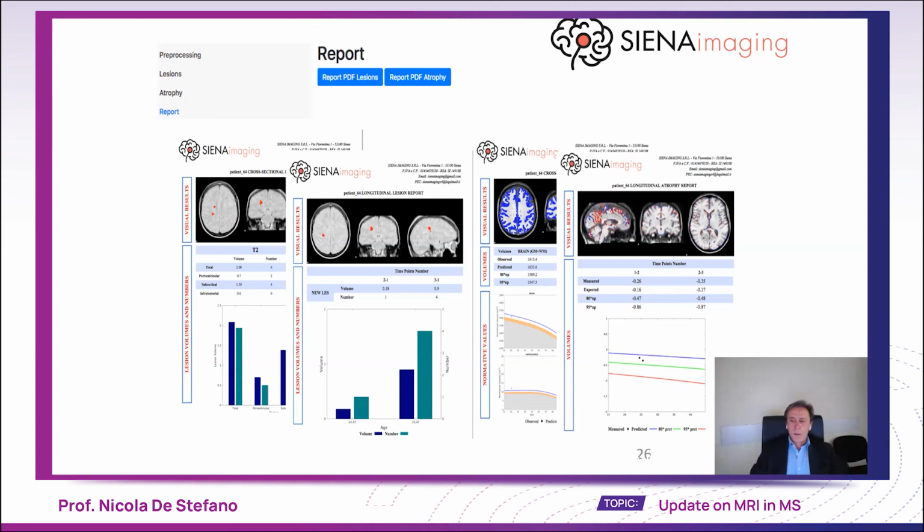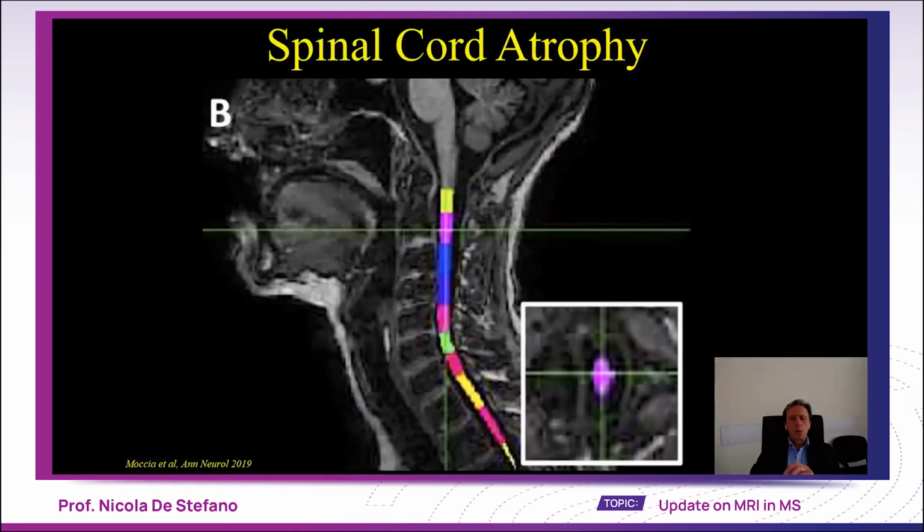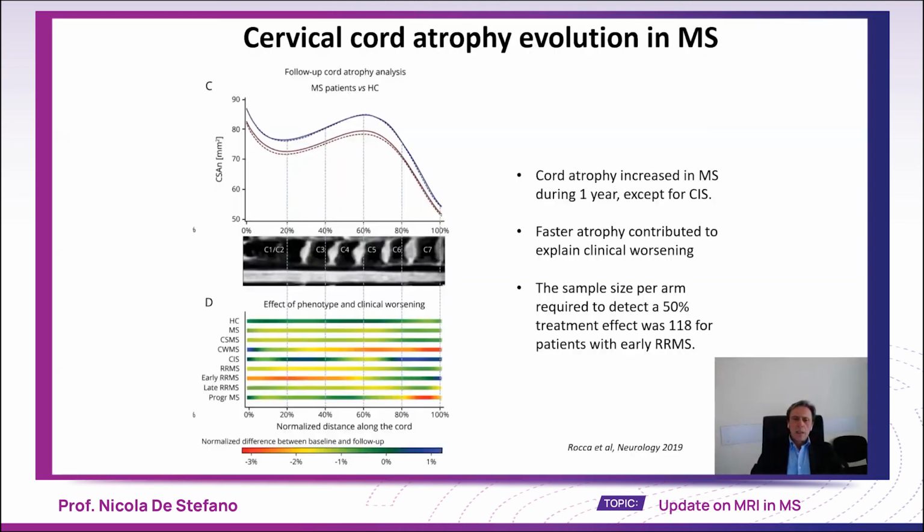In the last 2 or 3 minutes, I want to tell you that in terms of advanced biomarkers that we can use, spinal cord atrophy is also becoming quite interesting, quite important. This can actually be assessed very precisely and accurately today.